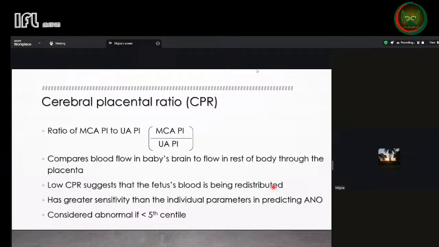And studies have shown that the CPR has a greater sensitivity than the individual parameters in predicting adverse neonatal outcomes, and is considered abnormal when less than the 5th centile. Of course, CPR also has charts specific to a given gestation age. So once you calculate, you go and check on the charts, because it seems to have a greater sensitivity, as research has shown recently.